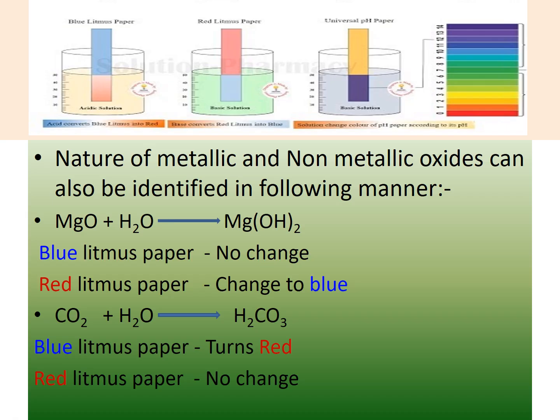It again shows that the solution which is formed is acidic in nature since blue litmus changes to red. And remember that water is neutral, so it is not changing the nature of the oxides. Simply we can say that the metallic oxides are basic in nature while the non-metallic oxides are acidic in nature.